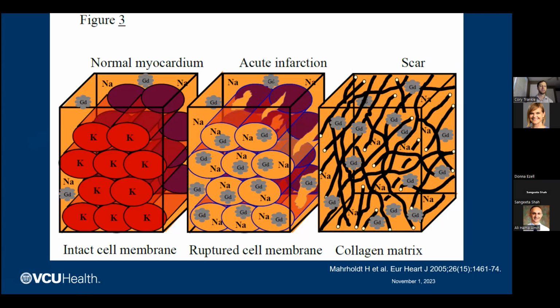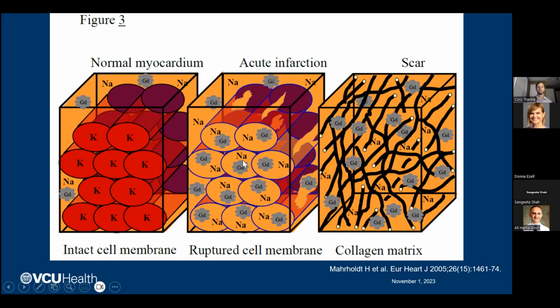In the extracellular space, the scaffolding around the cardiomyocytes, you should see it, but not in the myocardium itself. And then with an acute infarction or other mode of damage like myocarditis, there is disruption of the cell membrane, and so now the gadolinium contrast agents can penetrate into the cardiomyocytes.